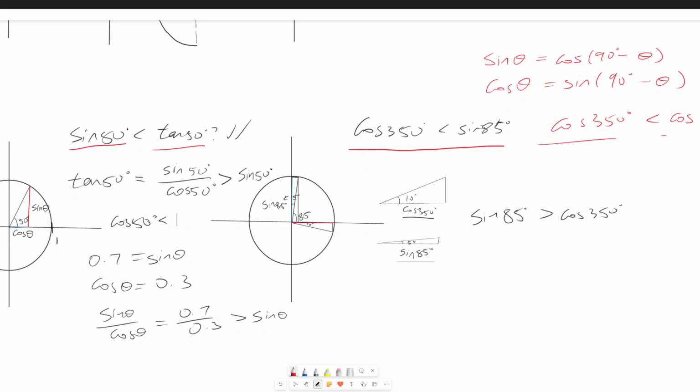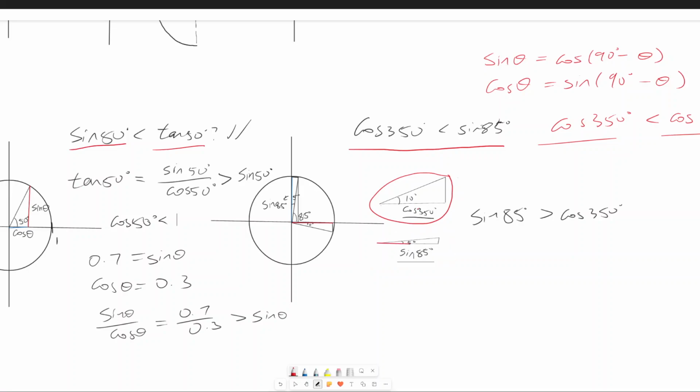So we go back to what we were talking about before. Cos 350 represents this triangle here, because the remaining angle is going to be 10. So that's the triangle that's being formed. Once you go around this revolution, this is 350, and what is remaining is 10. We're comparing this with cos 5 degrees, so this triangle here.